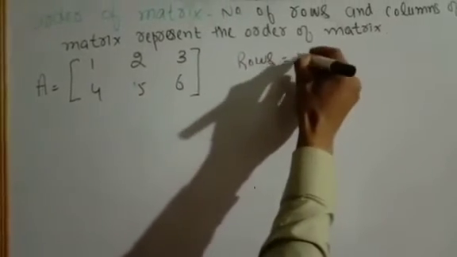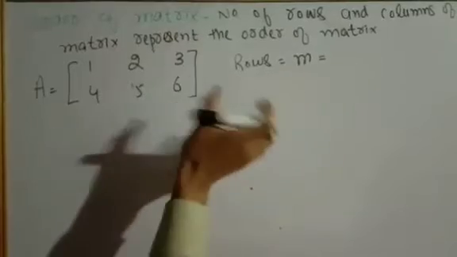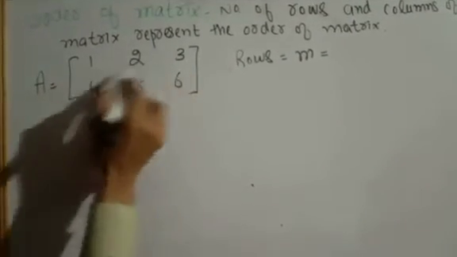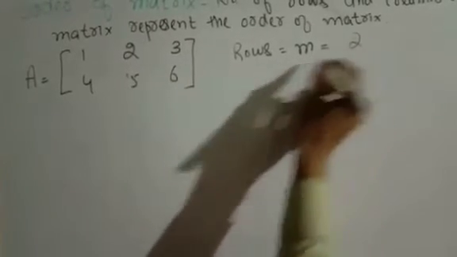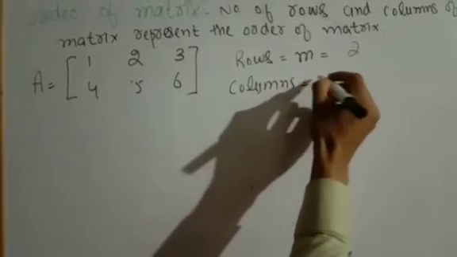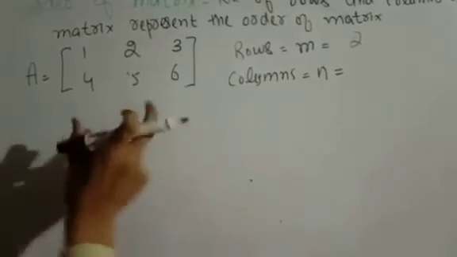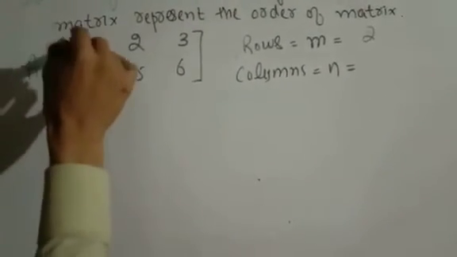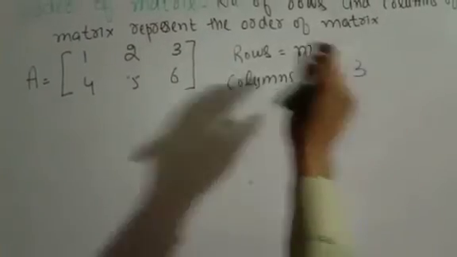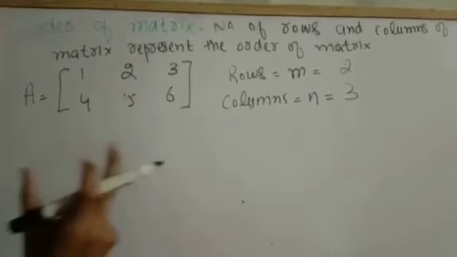they are represented by small m, and how many rows does this matrix have? 2, 1 and 2, while columns they are represented by small n, and the number of columns in the matrix is 3. How? See, 1, 2 and 3, as according to the definition of the order of the matrix.